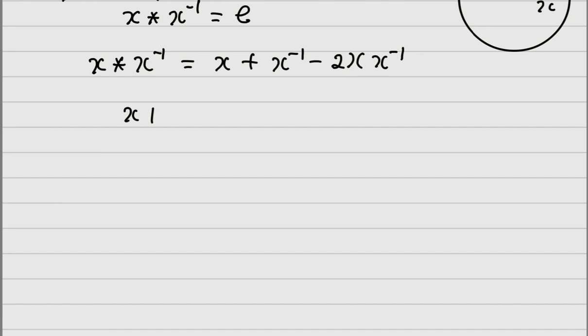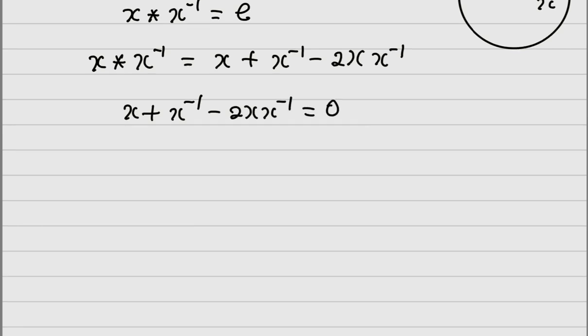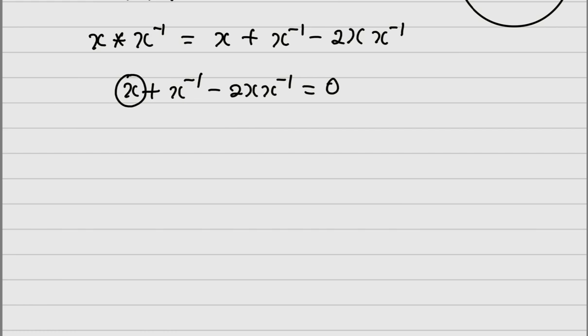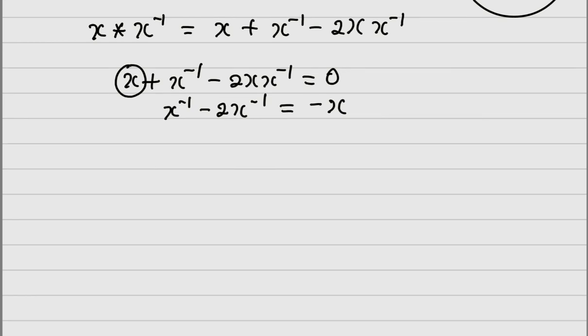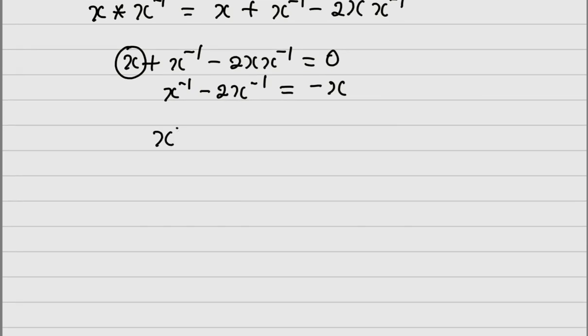So we have x plus x inverse minus 2x x inverse equals 0. Remember, we are looking for x inverse, so we'll pick this x to the other side, so that we have x inverse minus 2x x inverse equals minus x. Then factorizing x inverse, I'm going to have 1 minus 2x.